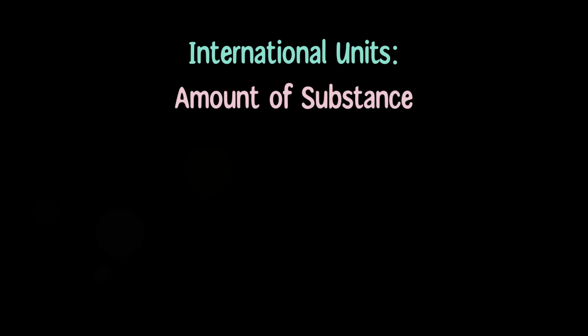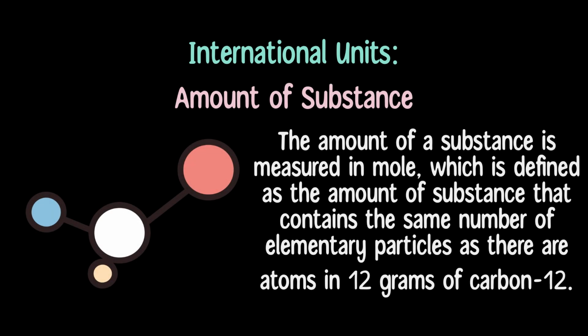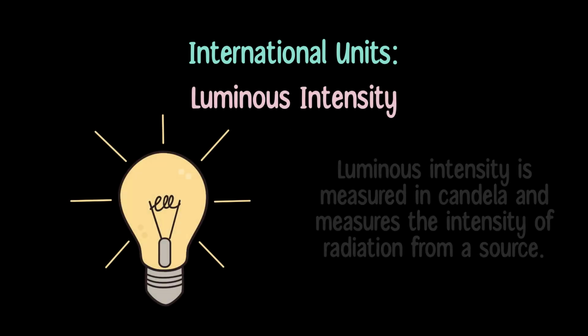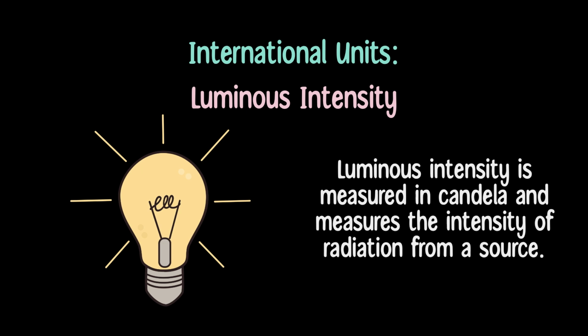Then we have the amount of a substance measured in mole, which is defined as the amount of substance that contains the same number of elementary particles as there are atoms in 12 grams of carbon 12. And finally, luminous intensity, which is measured in candela and measures the intensity of the radiation from a source.